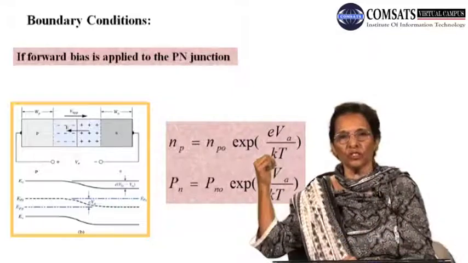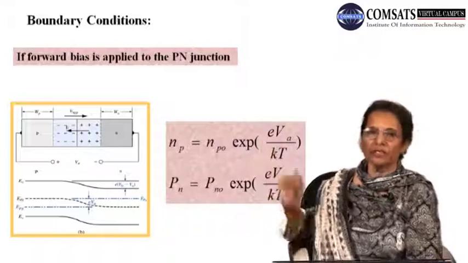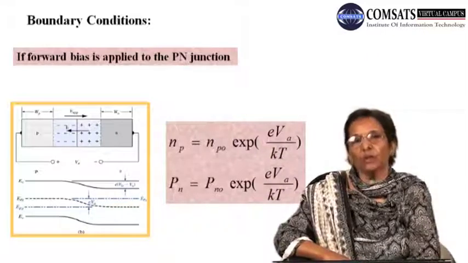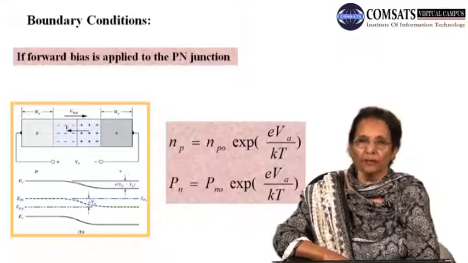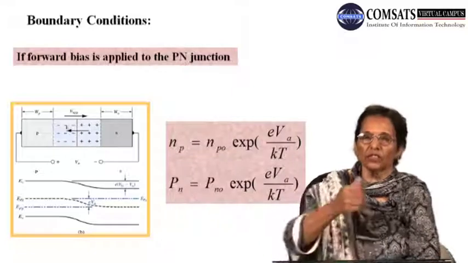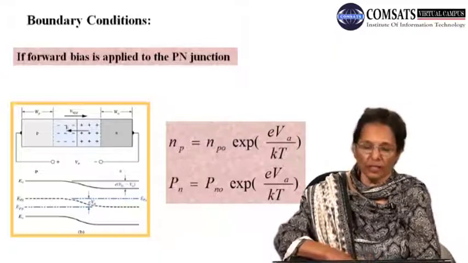So you see all these three parameters in the top equation on the right hand side of the box. These are the boundary conditions that are applicable in calculating the amount of current that flows across a PN junction. This is the first step, that we must understand the boundary condition.